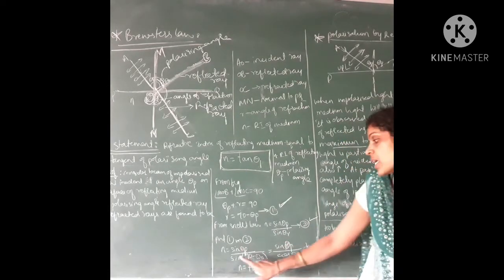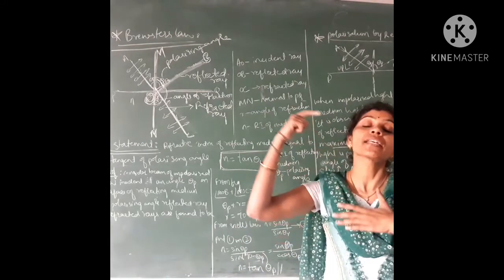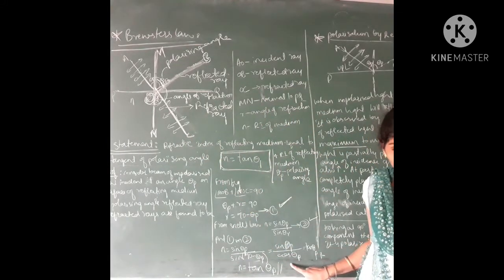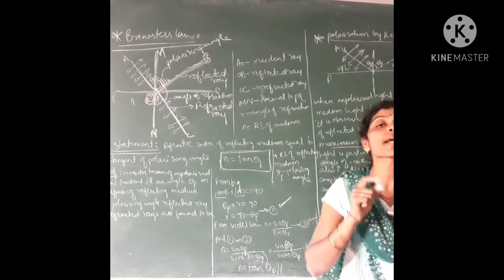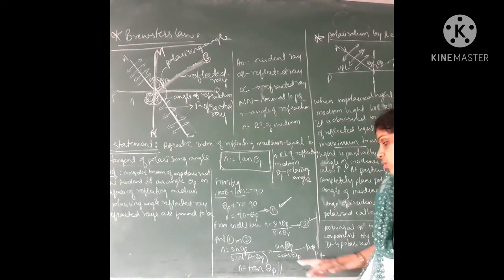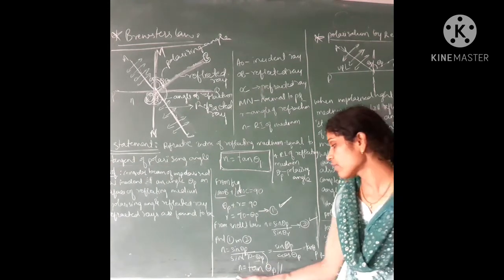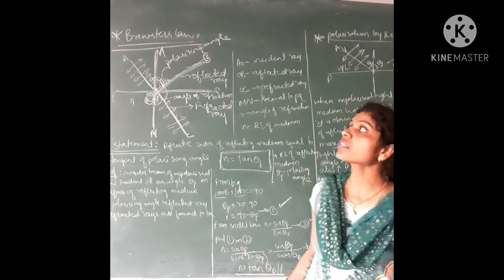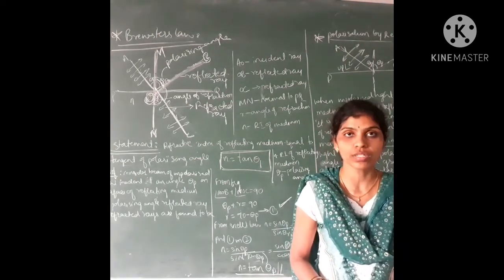Sin of 90 minus the polarizing angle becomes cos theta p. So sin by cos is tan, and n equals tan theta p. This is the proof of Brewster's law.